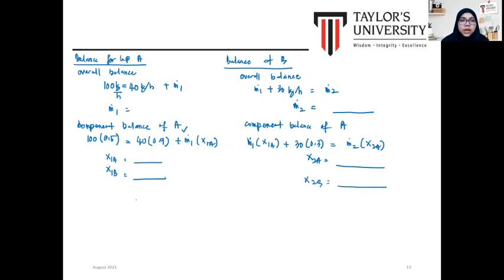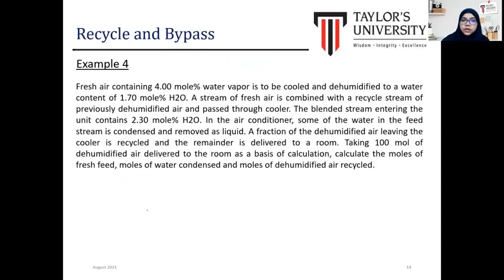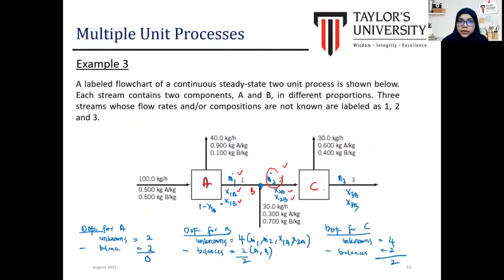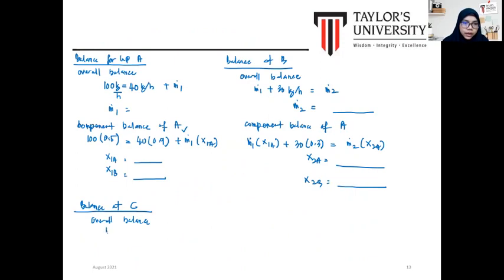So the last is to perform the balance at C. So start with the overall balance. For the overall balance, we have input equal to output. So M2 equal to 30 plus M3.